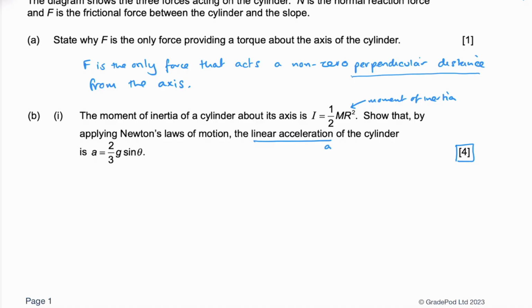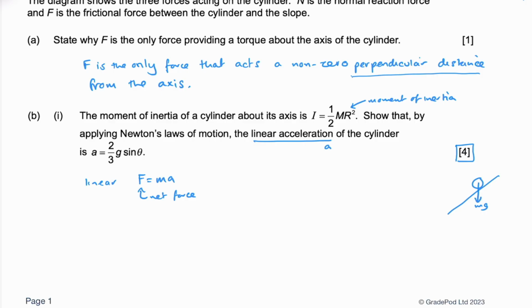We start with finding an equation for the linear acceleration using Newton's second law. Newton's second law is F equals ma. We have to be a little bit more specific here. We've got the slope, we've got the ball, mg. F is the net force that causes the acceleration.